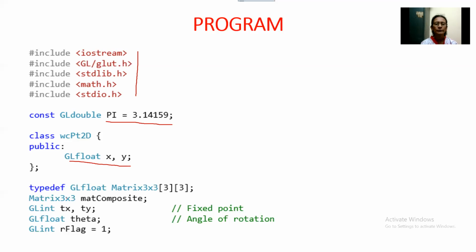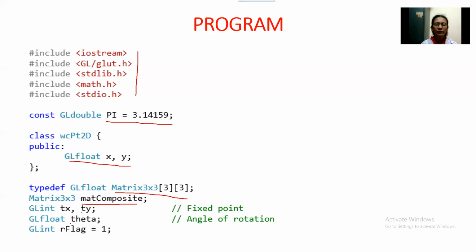Next we are declaring a 3 by 3 matrix. A matrix is nothing but an array, so we are declaring a 3 by 3 array. This mat composite is the composite transformation matrix that we will be creating. Again, that is a global variable. Now tx, ty is the fixed point, xr, yr.